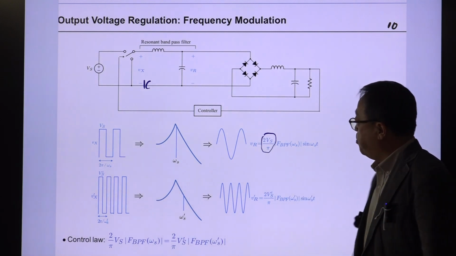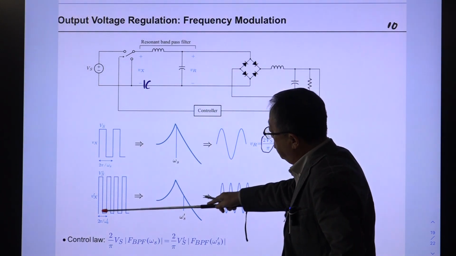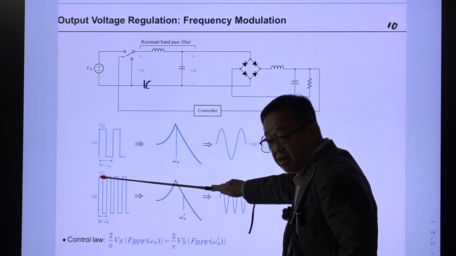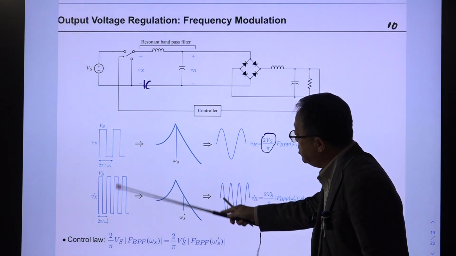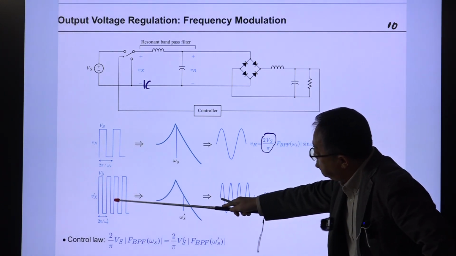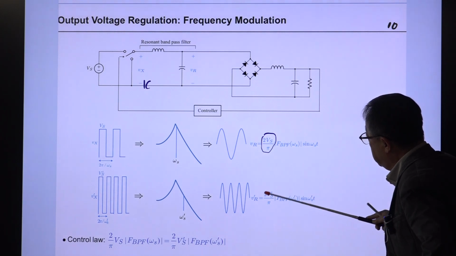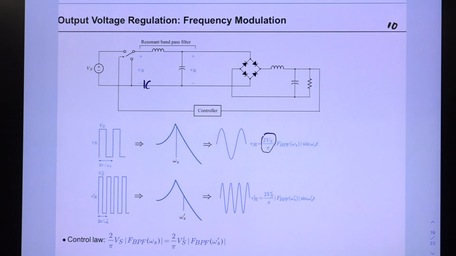This will be rectified to generate the output voltage, so you have some value of output voltage. Now assume the input voltage is increased to Vs prime, so we have a much larger input voltage swing. Then you need to increase the switching frequency. This magnitude increased, so the fundamental component of the pulse waveform has to increase, larger than the previous one.